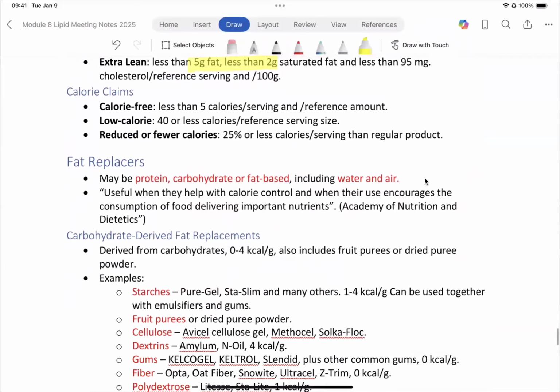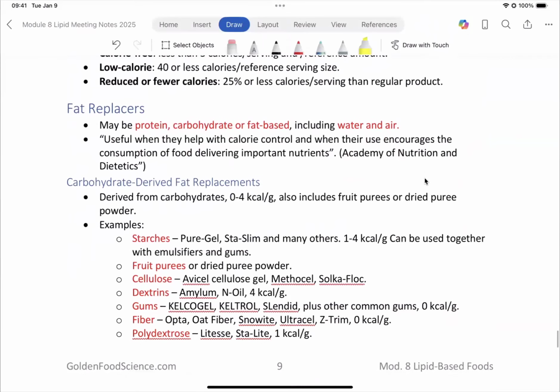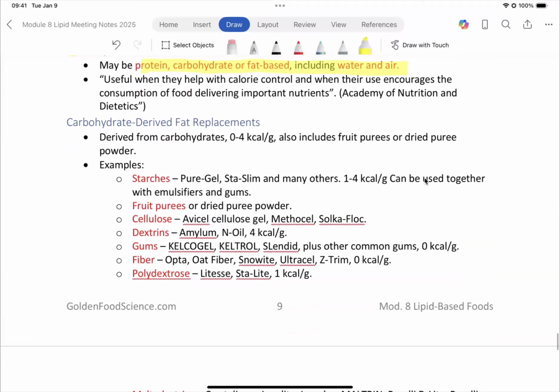Questions? So we have about 6 minutes left. I just want to run through the fat replacers. Fat replacers have not been nearly as successful in the United States or in food manufacturing as the sugar replacements, but there are some around. There are some carbohydrate-derived fat replacers, because fat adds mouthfeel and body to a food.